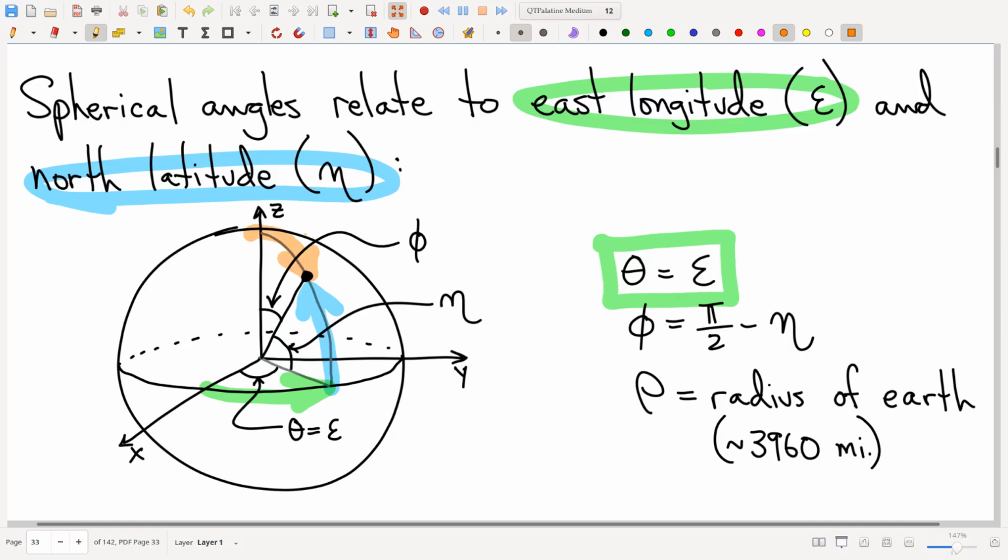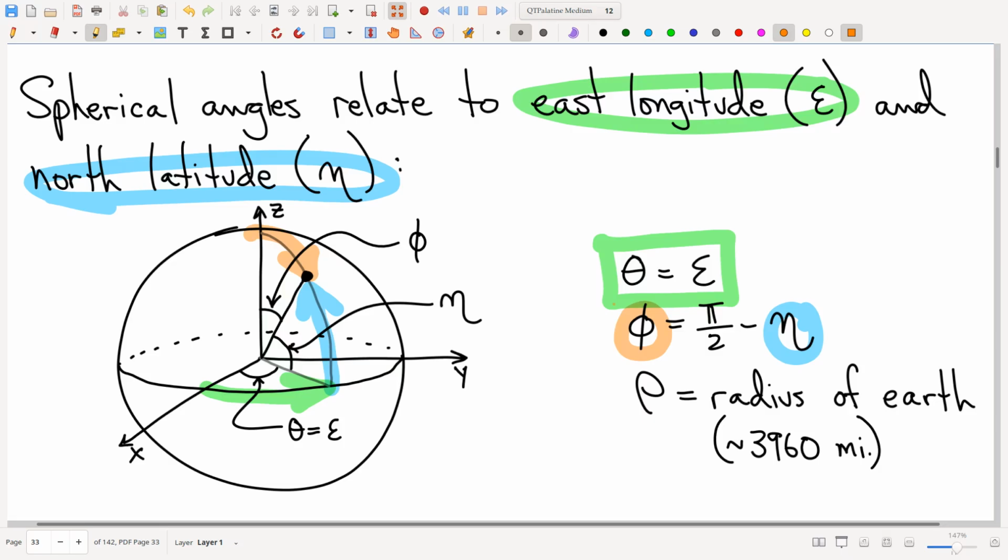So phi and north latitude are not the same. But you look at that picture and notice that the bigger latitude is, the smaller phi is, and vice versa. And so those two angles always add up to 90 degrees, aka pi over 2. And so north latitude relates to phi by that simple formula.